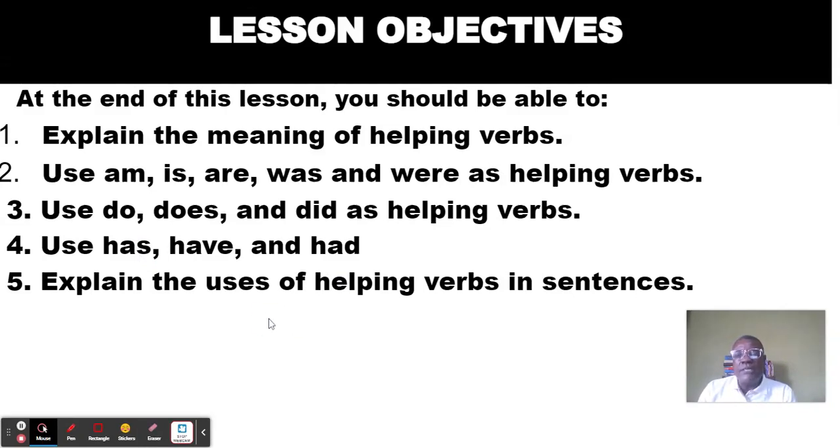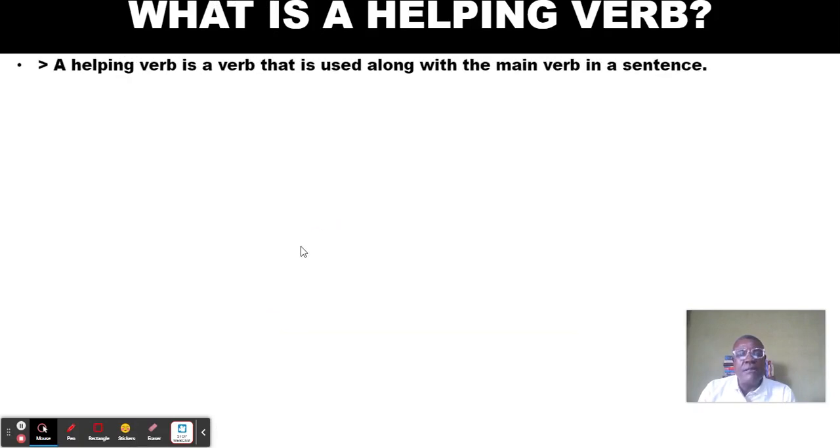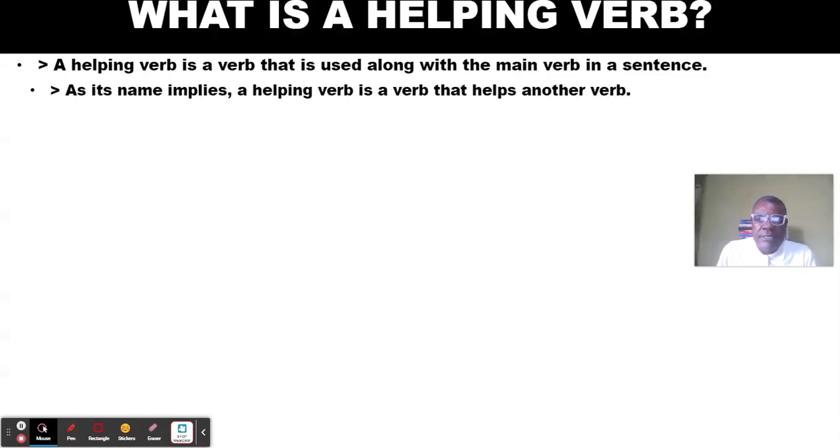Now, let's begin with the first item, which raises the basic question: what is a helping verb? A helping verb is a verb that is used along with the main verb in a sentence. As its name implies, a helping verb is a verb that helps another verb.